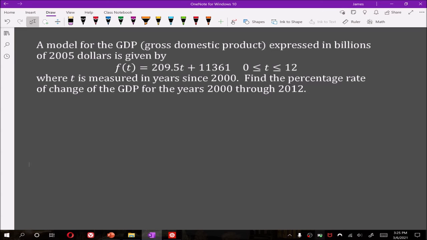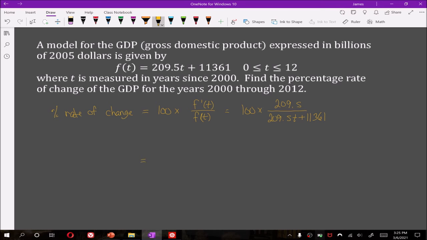Right, now remember, percentage rate of change was given by 100 times the relative rate of change, which is f prime of t divided by f of t. So 100 times f prime is just 209.5 over f, 209.5t plus 11,361.